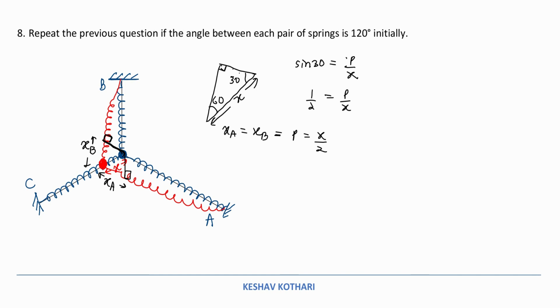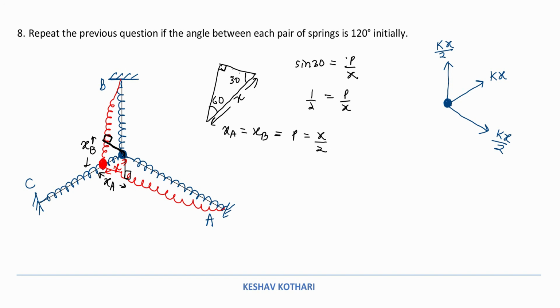If we consider the FBD of this particular block, then a force Kx is supplied by spring C in this direction. By spring B, a force Kx by 2 is provided in this direction, and Kx by 2 is provided by spring A in this direction.